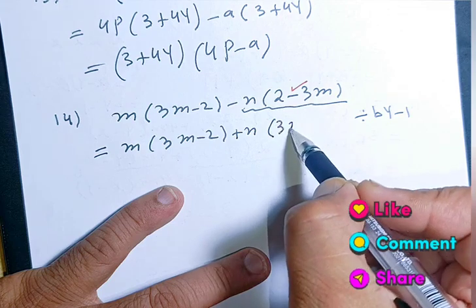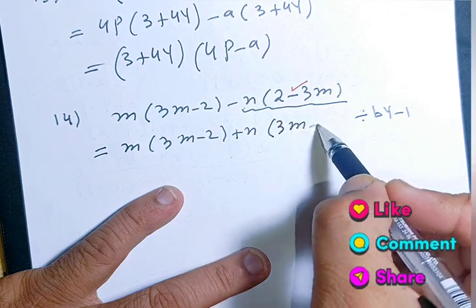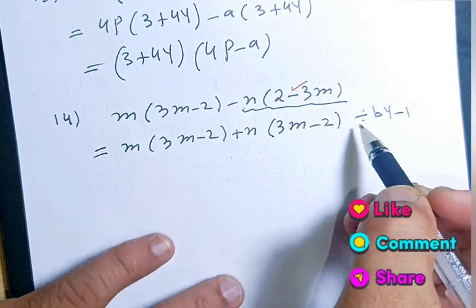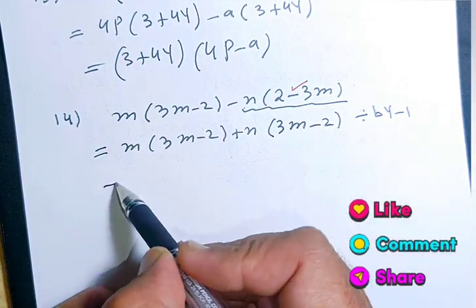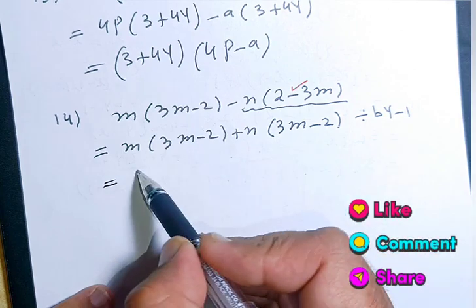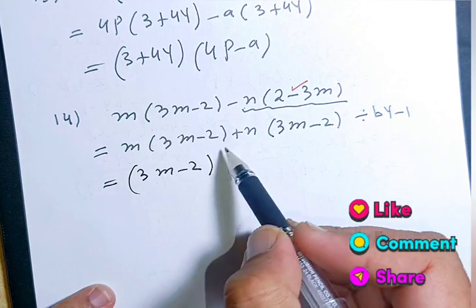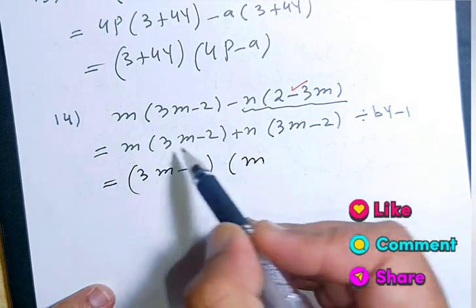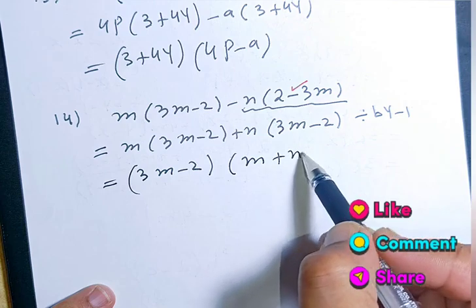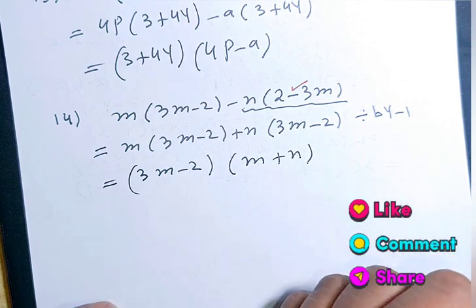I need positive 3 on the left hand side, and negative 2 on the right hand side, and then my common bracket is 3m negative 2, and what's left inside is m here, and there's gonna be a plus n, and this is my final answer.